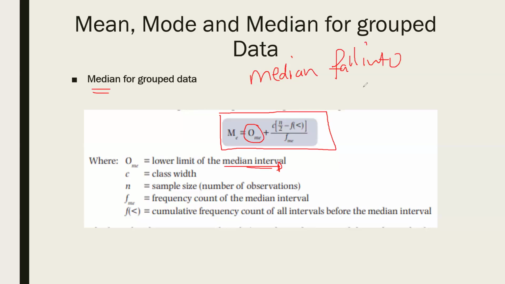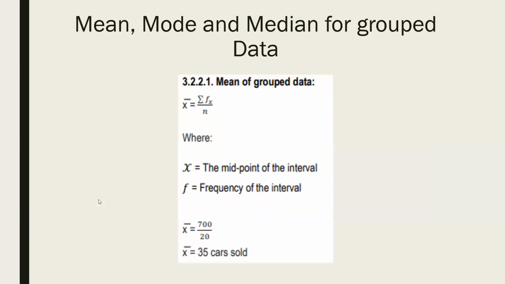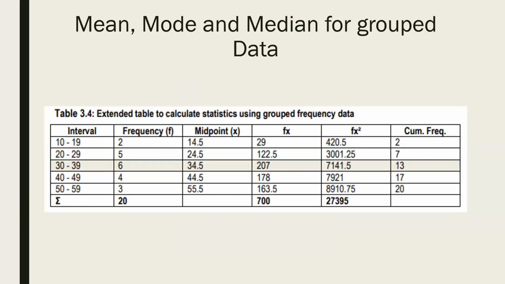I'm trying to find a way to explain this in an easier way, because normally I use Excel to do that. Let's look at this example. How do you find the median interval? The median interval is the class in which the median value falls into. How do you find the median value? Basically you say n over 2.